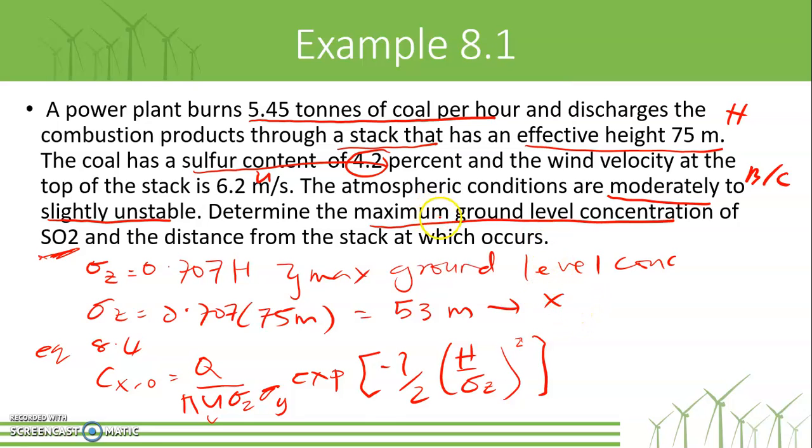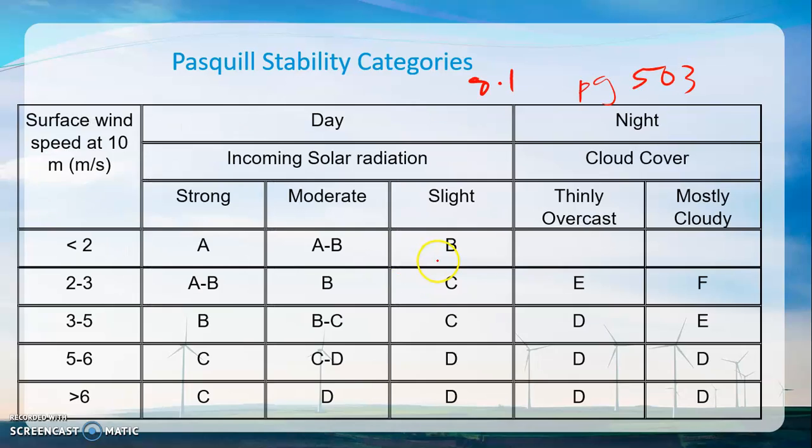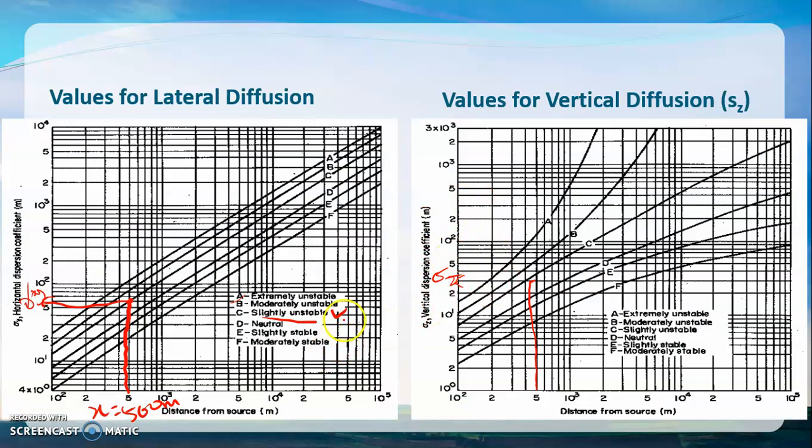Now the keywords here, they use atmospheric condition. This is the atmospheric condition to decide whether class A, B, C or D, moderately to slightly unstable. In this book, they choose it to be class C. So you refer back later. It's similar to what I have done earlier.